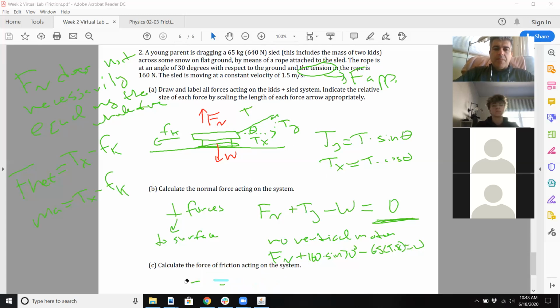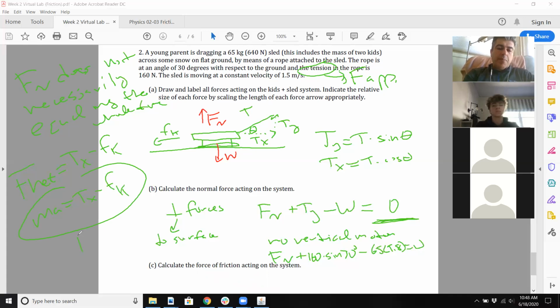For C, we're using this equation. We can't do this formula yet for part C because I don't know mu k. It isn't given, so you're going to use that for part D, by the way.